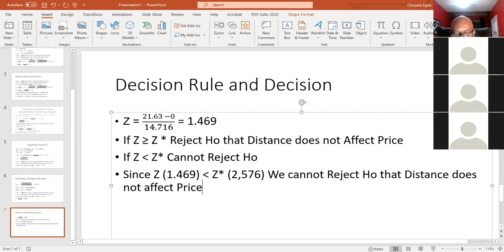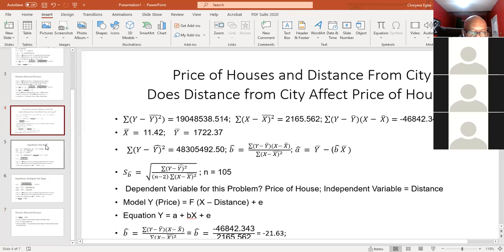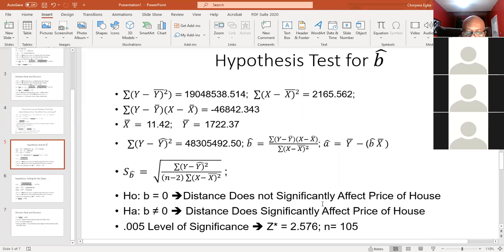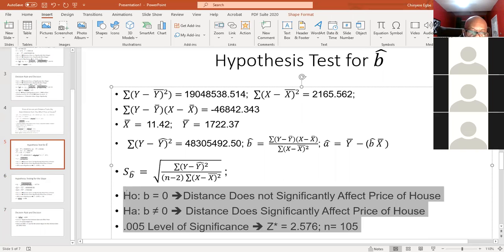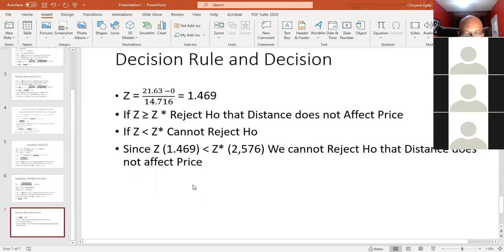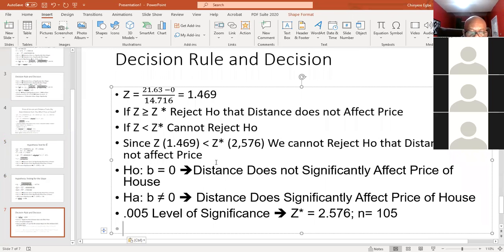You're saying yes, distance does not affect price, because you're not able to reject the null hypothesis. Since you are not able to reject the null hypothesis, you are concluding that distance has no effect on price.